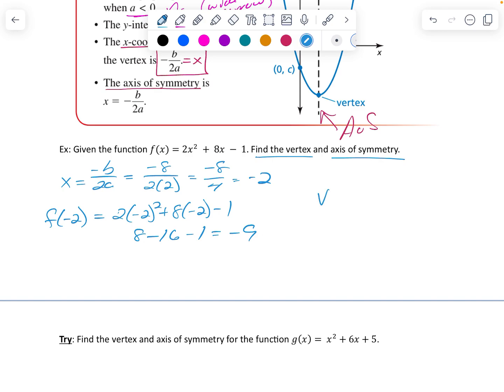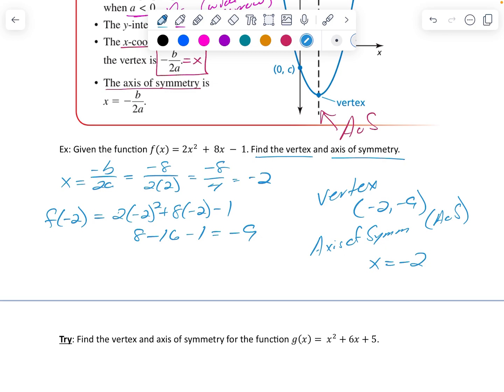So my vertex is going to be at negative 2, negative 9, and my axis of symmetry, which you can just abbreviate AOS, is going to be the equation x equals negative 2.